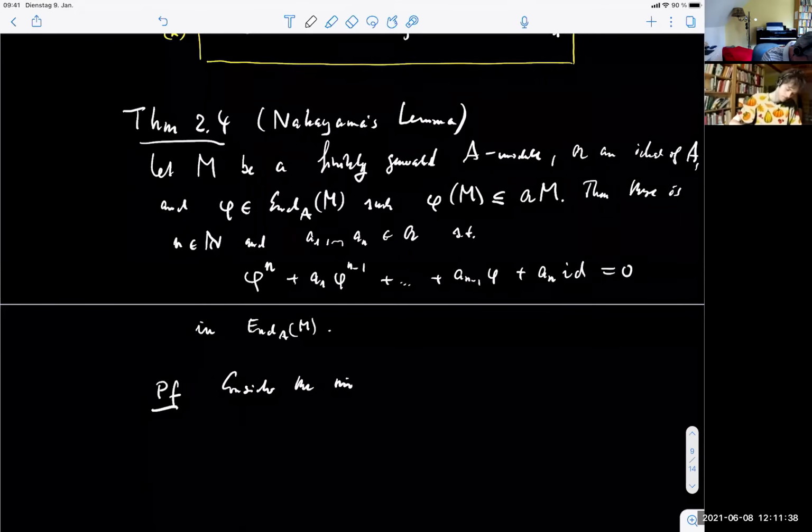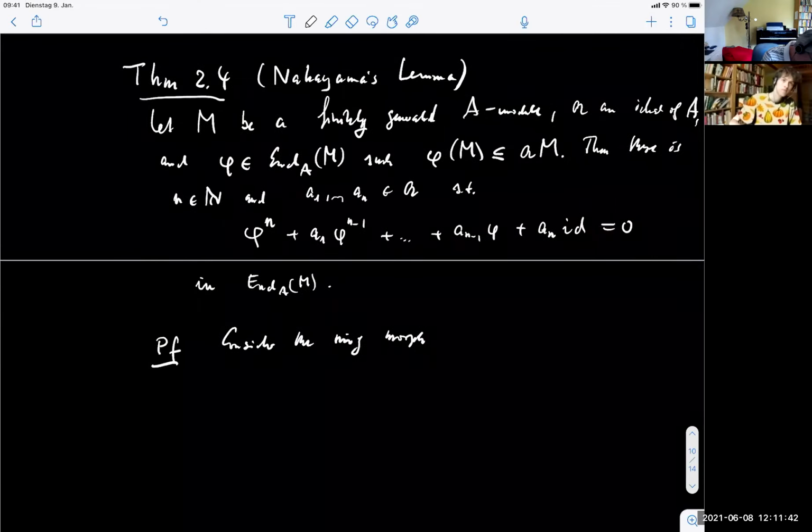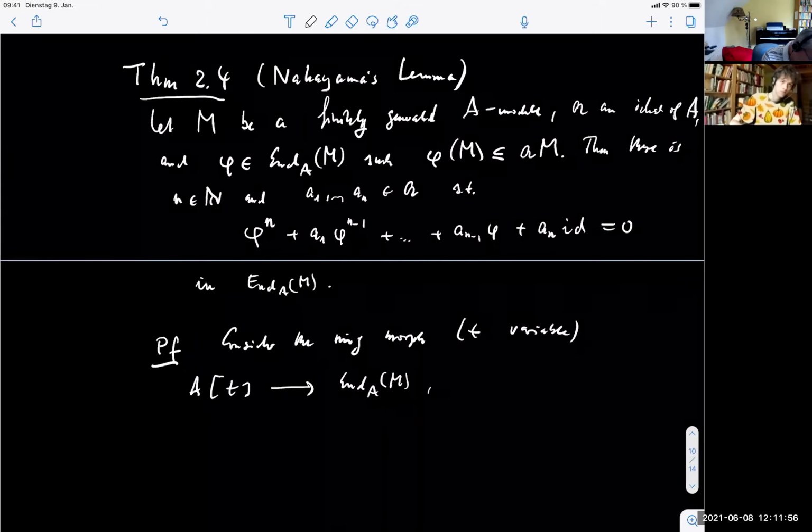Consider the ring homomorphism from A[T], T is a variable, to End_A(M). The point is T maps to phi, but I can write it in more detail: this polynomial in T is mapped to this expression.